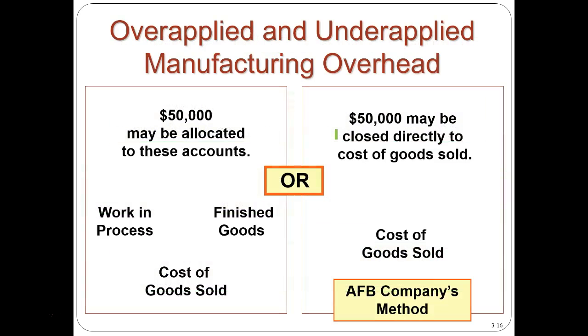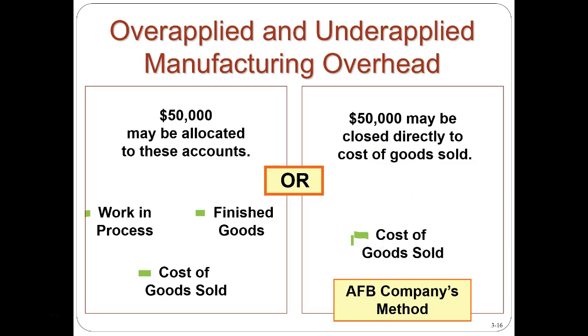A couple options to clear out the overhead account. We want to make the overhead account 0. Therefore, the 50 may be allocated to one of these accounts. We can either go to work in process, we can allocate it to finished goods, or we can allocate it to cost of goods sold. The 50,000 may be closed directly to cost of goods sold in this case.